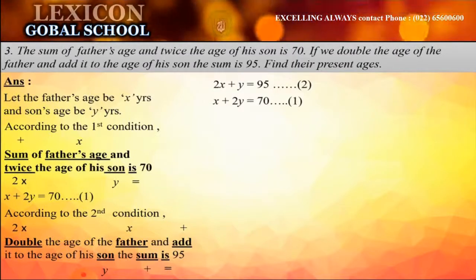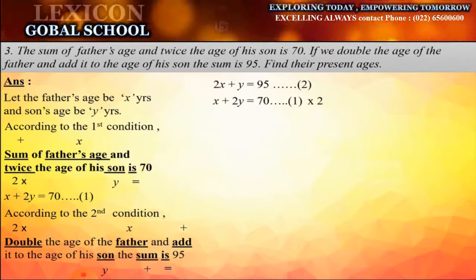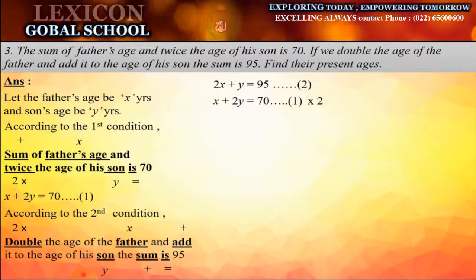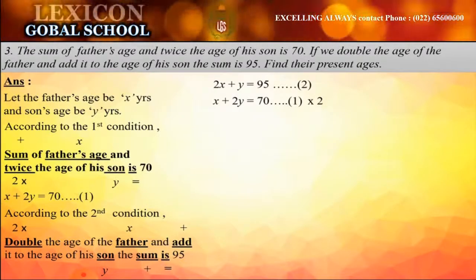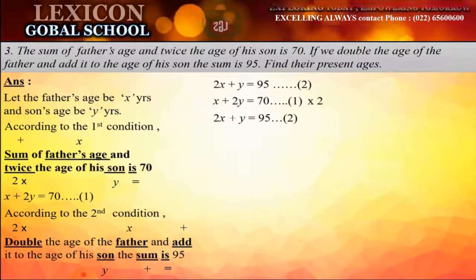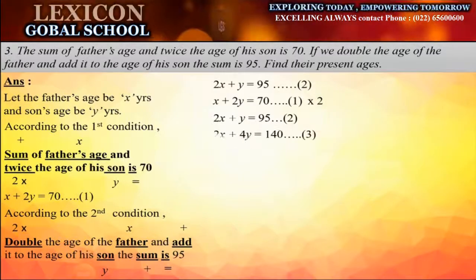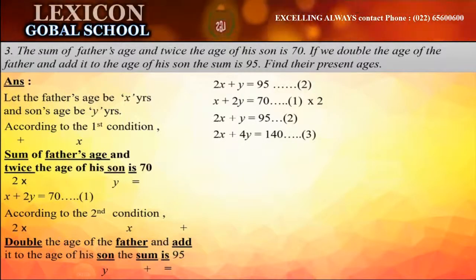As you can see, we are going to eliminate x. Therefore, I am going to multiply equation 1 by 2. Equation 2 remains as it is. 2 into x is 2x, 2 into 2y is 4y, 2 into 70 is 140.